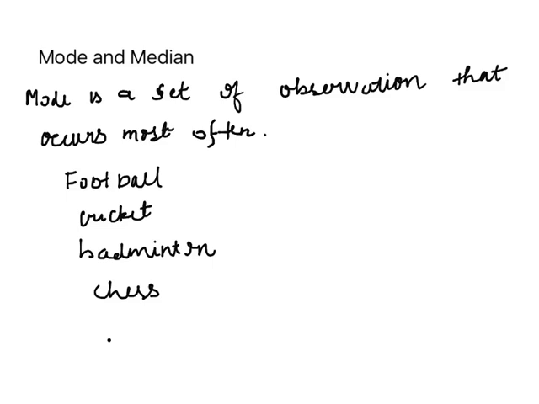So what I will do, I will do a survey and will ask the students which student likes which sport. Suppose there are 4 students who like football, there are 6 students who like cricket, there are 10 students who like badminton, and there are 20 students who like chess. Now here we can clearly see chess is the most popular game and this is liked by most of the students.